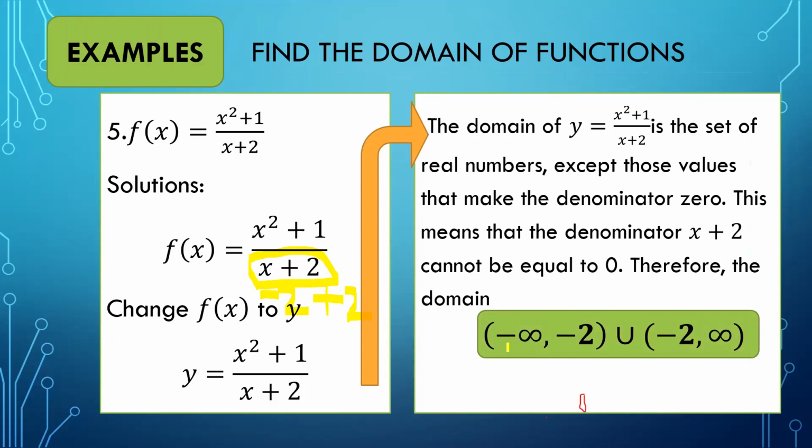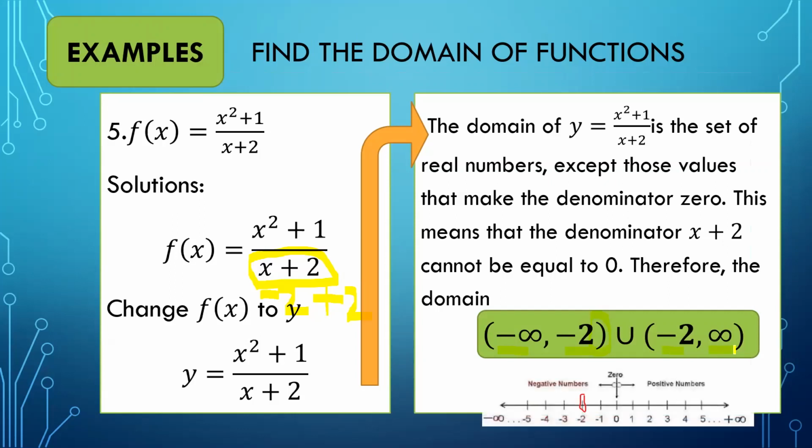In set builder notation, we write from negative infinity to negative 2 but not including negative 2. So we use this notation, union negative 2 to positive infinity. So in a real number line, we have this one, from negative infinity to negative 2 but not including negative 2, then negative 2 to positive infinity.